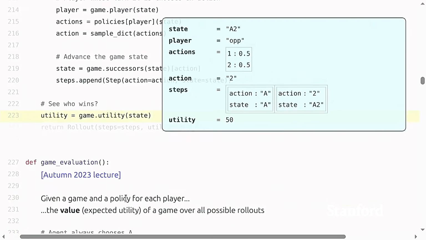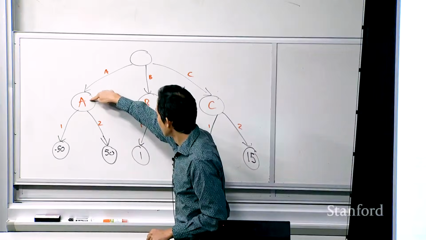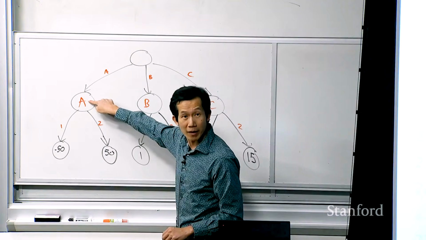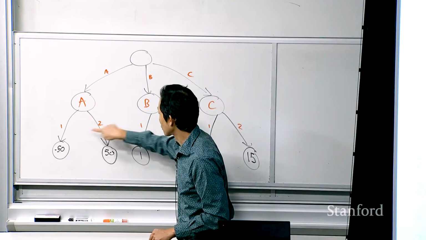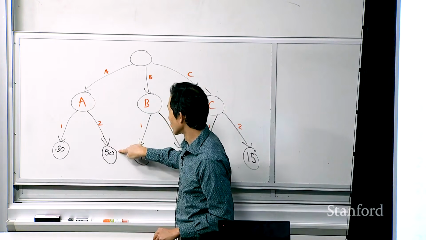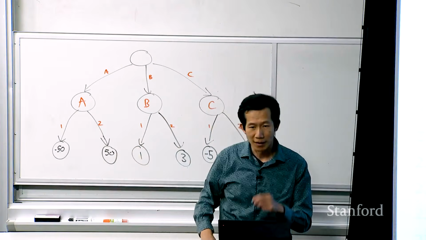So at the very end, you get a utility which corresponds to a particular rollout. In this case, that corresponds to choosing A, and then the random policy is going to do a coin flip, and it happened to choose 2 here, and that gave me a utility of 50.